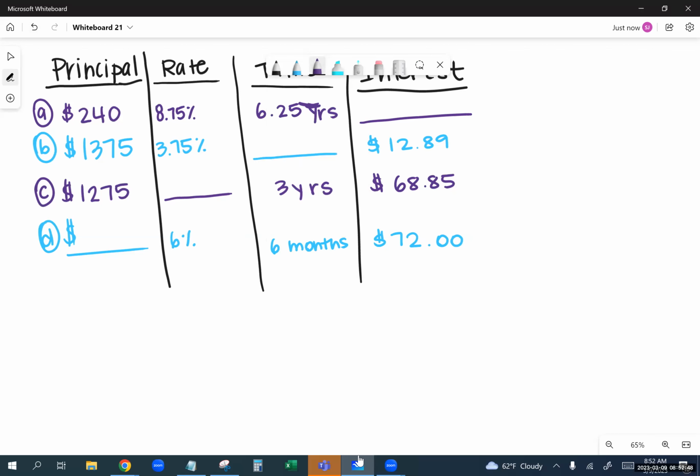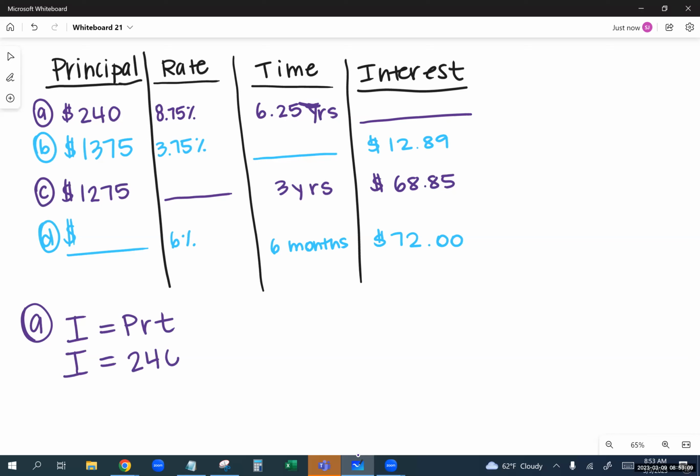Okay, for A, I noticed that it's having me solve for interest, which is I equals P R T, which is saying my interest is going to equal the principal, which is just 240, and then multiply it times my rate. My rate as a decimal would be 0.0875.